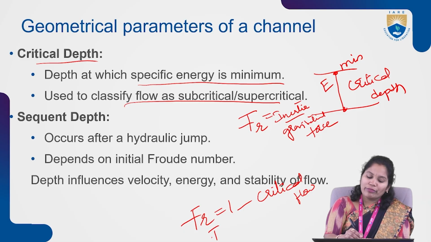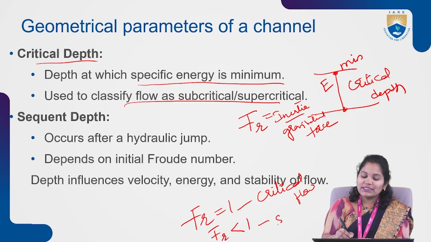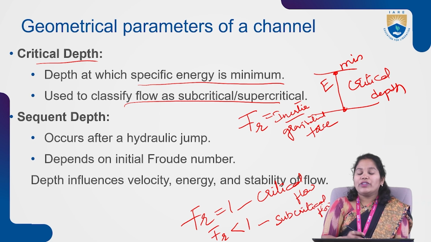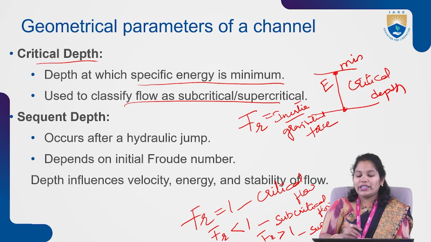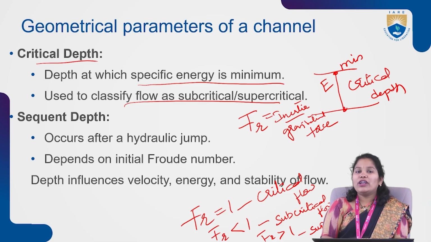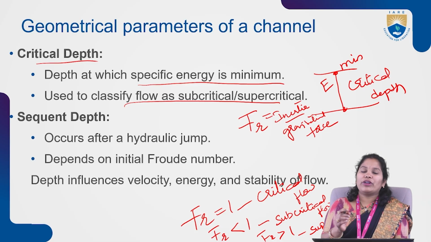If your Froude number is less than 1, then it is subcritical flow. If your Froude number is greater than 1, then it is supercritical flow, right? So depending upon your Froude number, the flow varies.